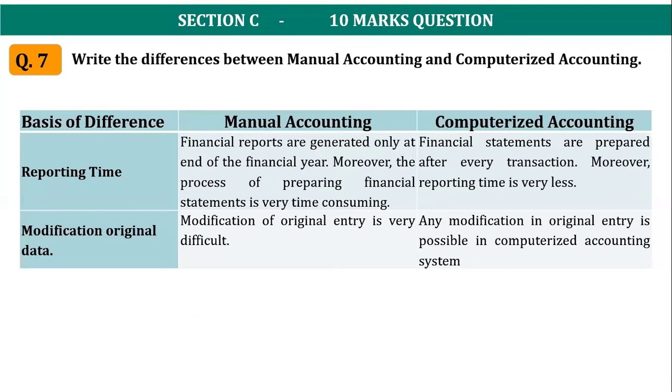Apart from that one, reporting time is after the financial year and it requires too much time, whereas in computerized accounting you don't require any time, you only have to pass transactions and it will prepare the financial statement. So whenever you want, you can report to higher authority.